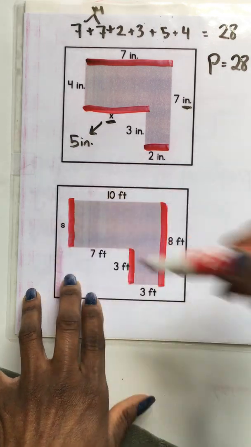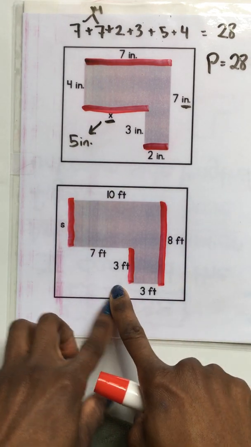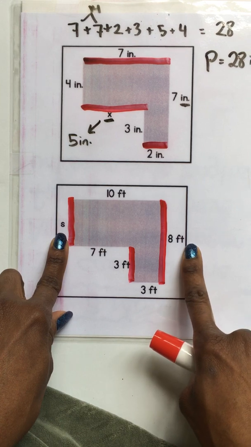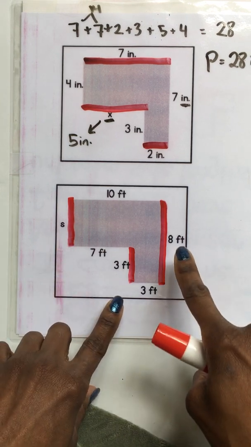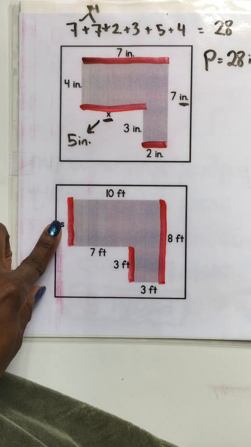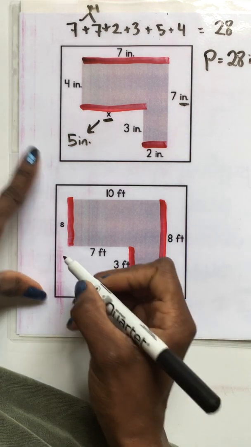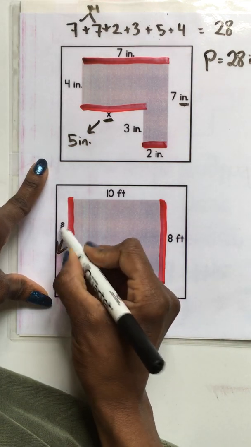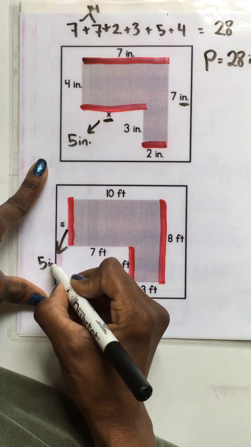I ask myself, 3 plus what will give me 8? Or I can say 8 minus 3 is what? I know 8 minus 3 is 5. So my missing side length must be 5 feet.